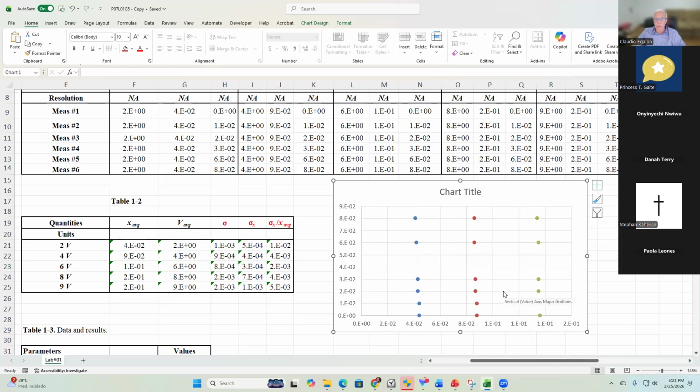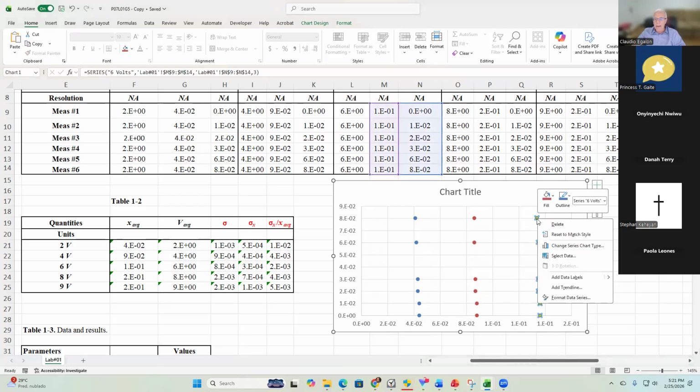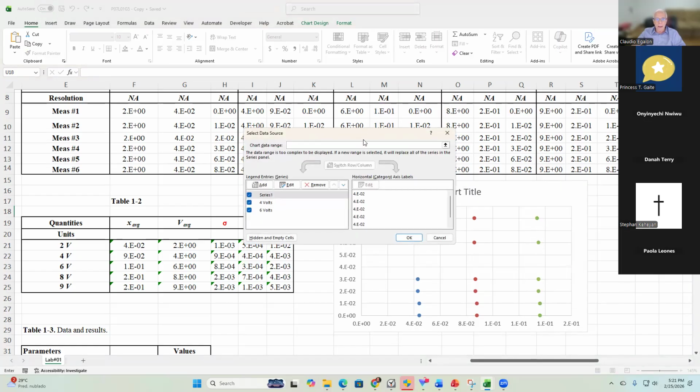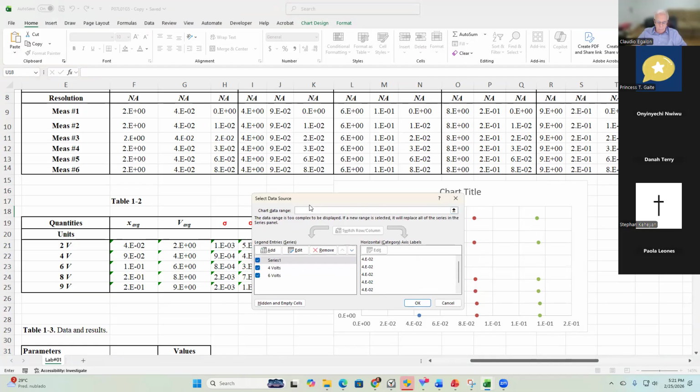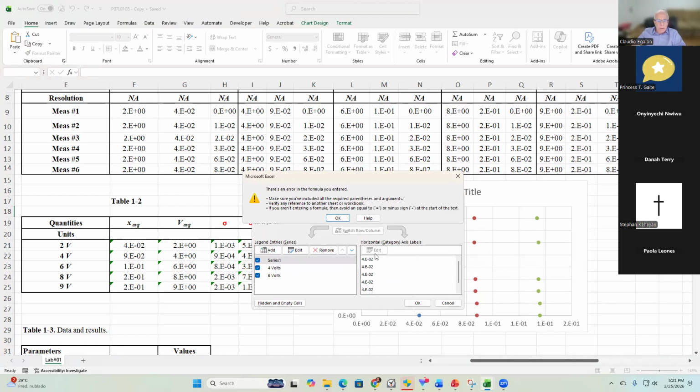Next is 8 volts. Left click, right click, select data, 8 volts, right? Click OK. Oops, what did I do here?